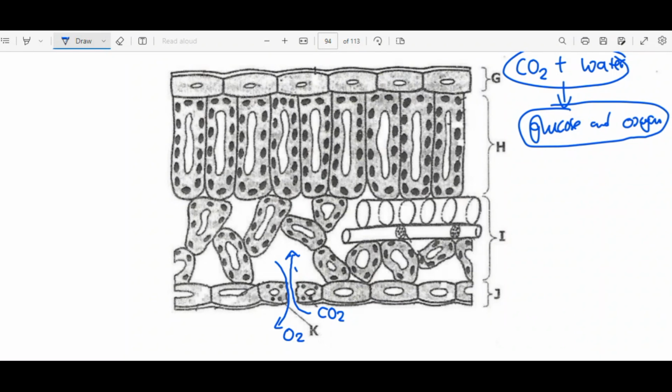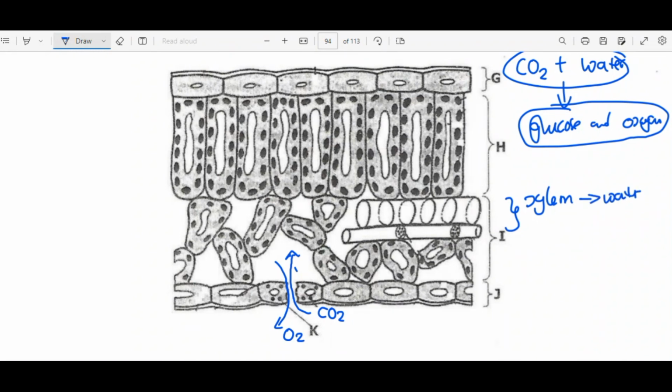Then what of water? Water and mineral salts are taken from the soil up to the leaves for the purpose of photosynthesis. Now water and mineral salts are transported in one of the vessels found in a vascular system known as the xylem. So xylem transports water and mineral salts.